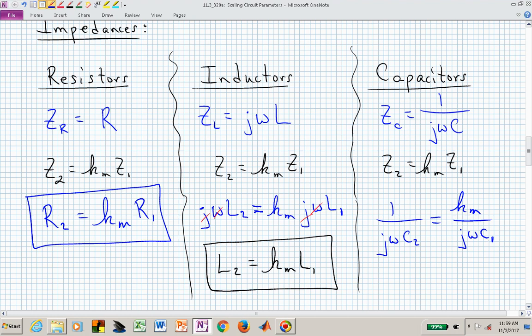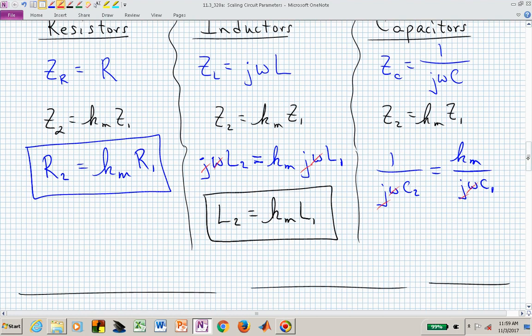Again, we can start to cancel similar terms on the left and the right, or we could multiply both sides by j, we could multiply both sides by omega, and now we hopefully can see that if we wanted to, we could actually rewrite this right-hand side as 1 over, I'll go ahead and include the j omega, C1 over k sub m, and the j omega is gone.